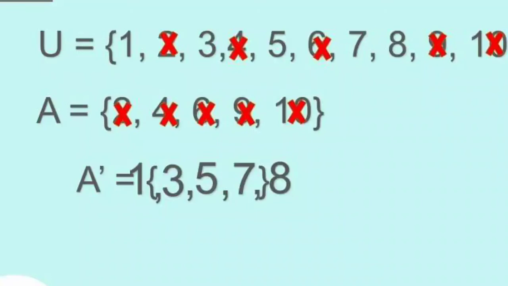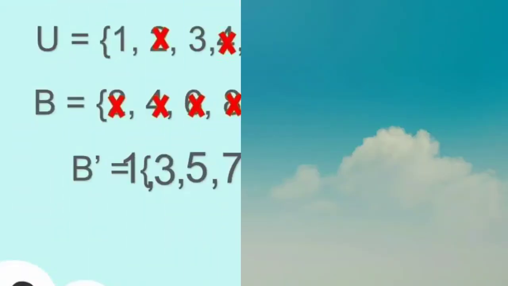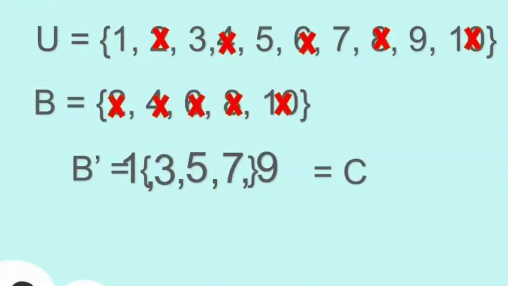So ano yung mga hindi na-cross out na makikita natin sa U? 1, 3, 5, 7, and 8. So therefore, the complement of set A is 1, 3, 5, 7, and 8. Okay? Nakuha? Very good. So let's have another example.